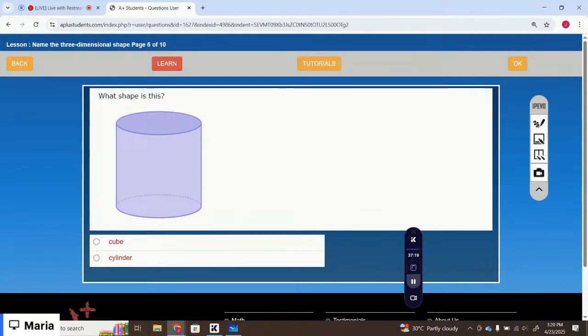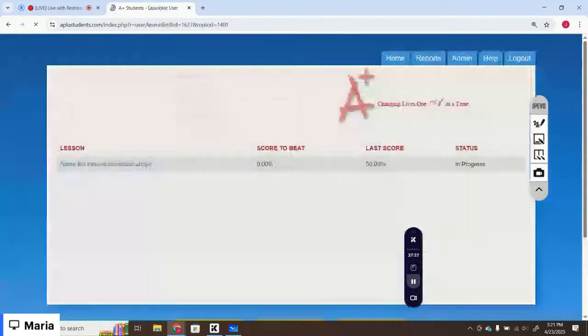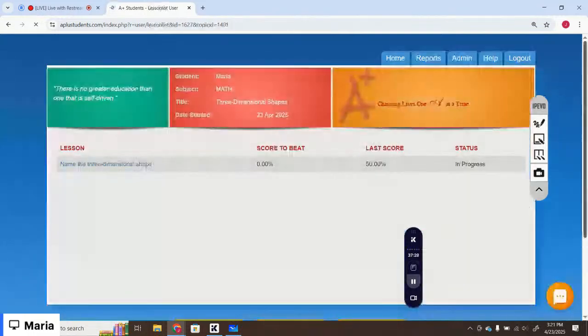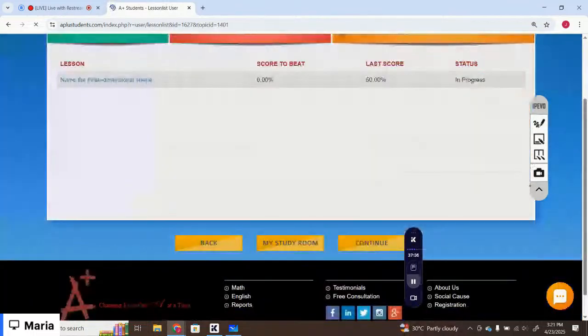Cylinder it is. Okay, you can complete the lesson by yourself. And we have three shapes, the cone, the cylinder, and cube. Okay, we are also done with this chapter, three-dimensional shapes. Let's move on to the next lesson.